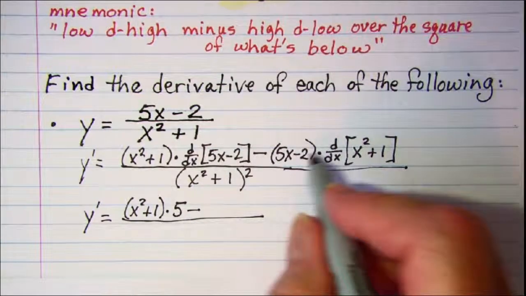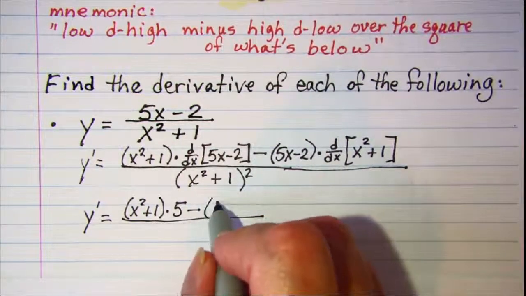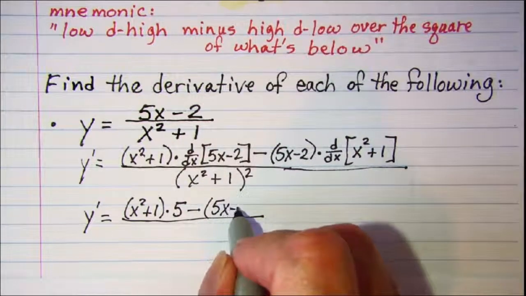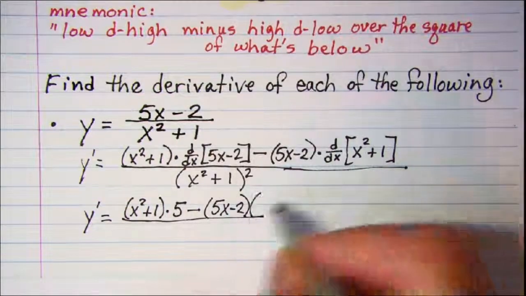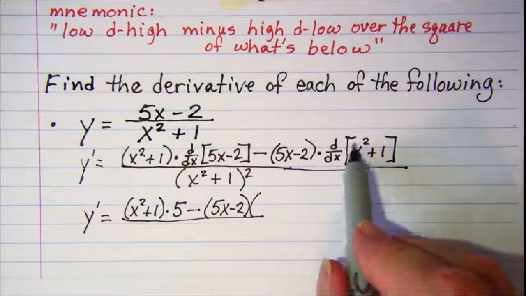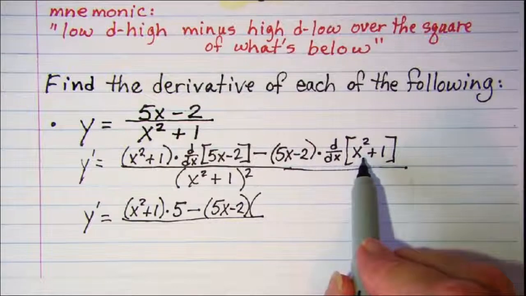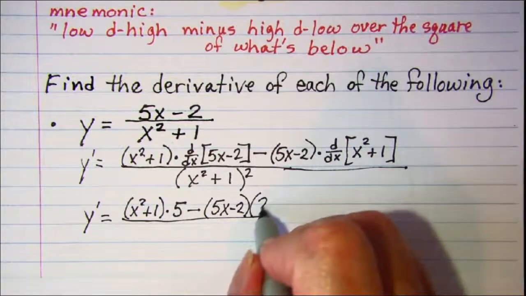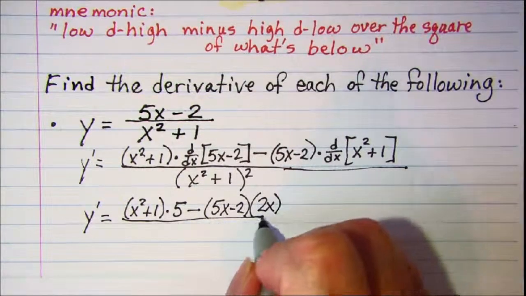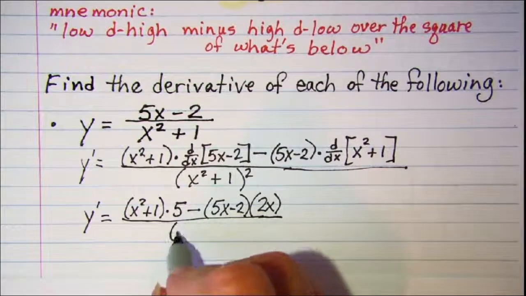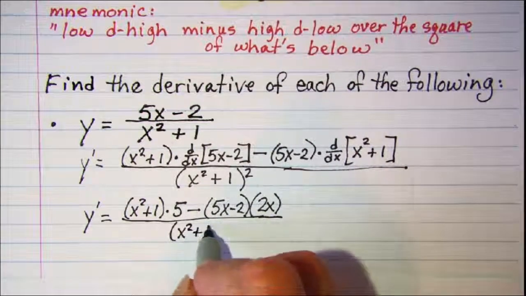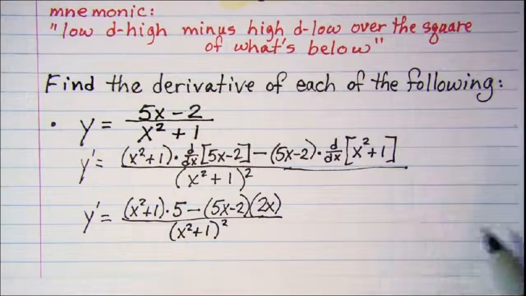Subtract, and then 5x minus 2 times the derivative of x squared plus 1, which is just 2x, all over x squared plus 1, quantity squared.